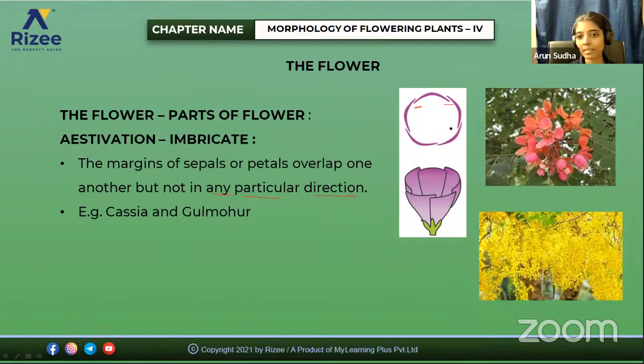Here one is exterior and one interior. But here both are exterior, and here interior, exterior. So the overlap is not in any particular direction. It is random in the case of imbricate. While drawing this, you have to be very clear. This is the type of flower which shows the imbricate estivation. Examples are cassia and gulmohar.